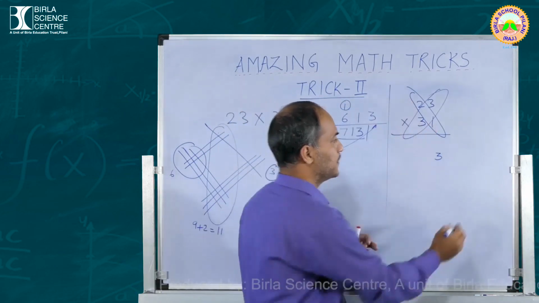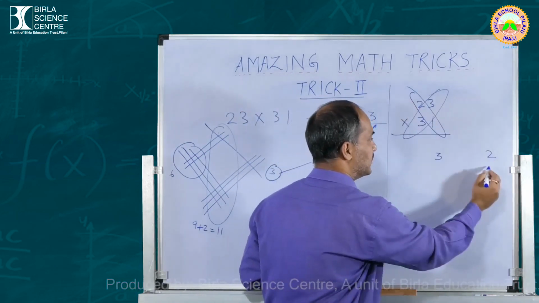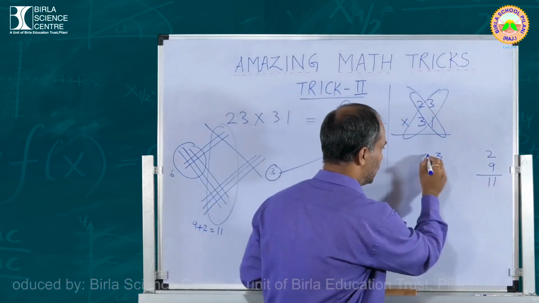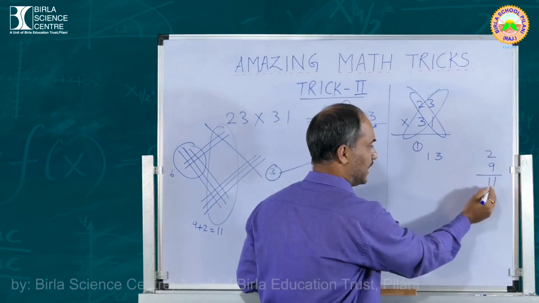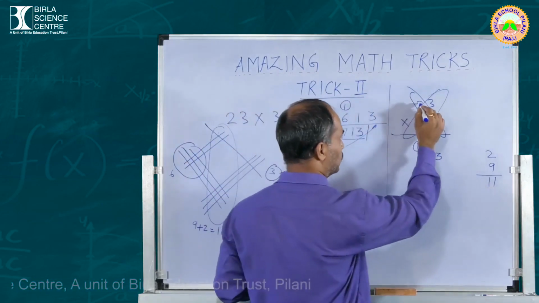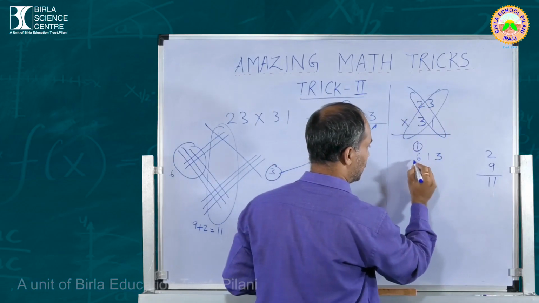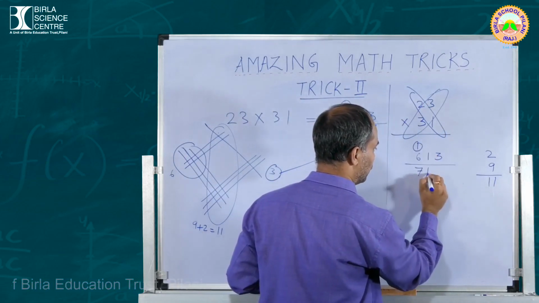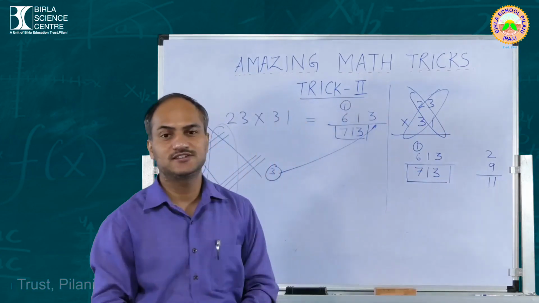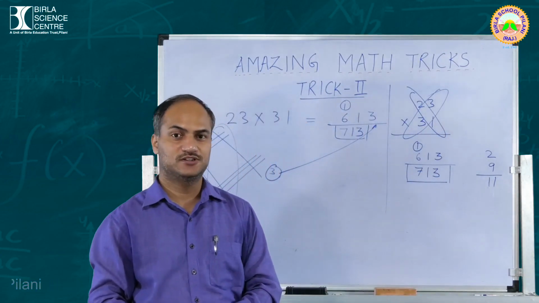So 2 ones are 2 and 3 threes are 9. What is 2 plus 9? 11. So write 1 here and the next digit will be carried forward. Now 2 threes are 6. 6 will come here. On adding we get 713. Yes guys, this is the answer for this question.